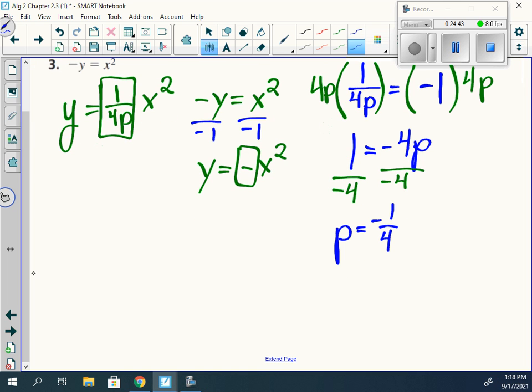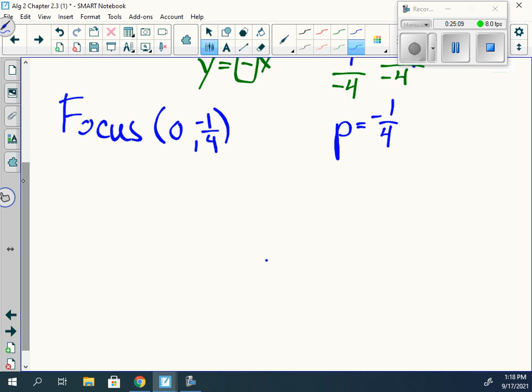But we still need to find the focus, directrix, and axis of symmetry. Now our focus, because we do have y equals, is 0, comma, p. So we'd have 0, comma, negative 1/4. The directrix is going to be y is equal to negative p, yes?